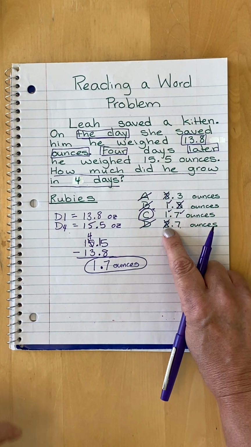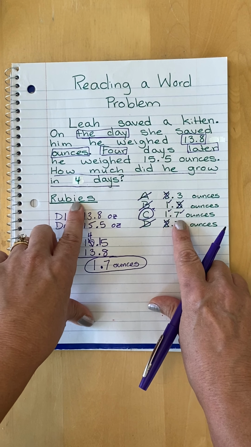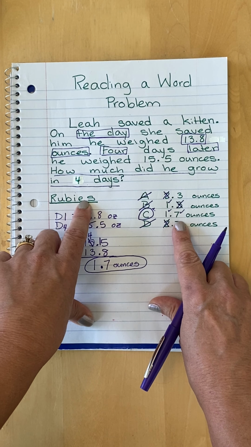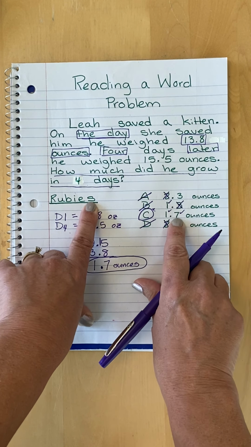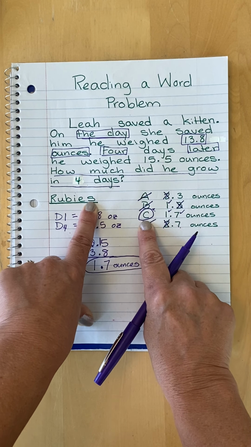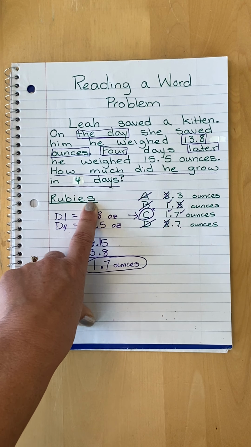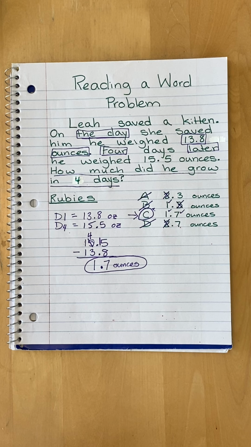So those are common misconceptions in the answers. So now I have explained my right and wrong answers. S, select. If I have not circled C yet, I need to make sure I circle C as choosing the correct answer choice. And that is how we use Rubies to solve our math problems.